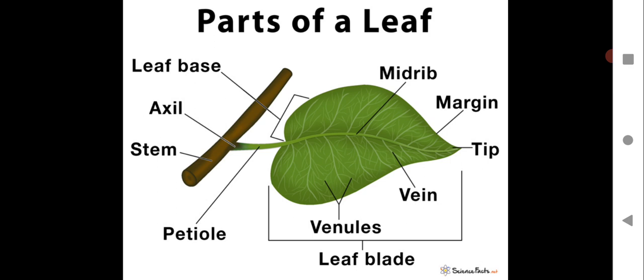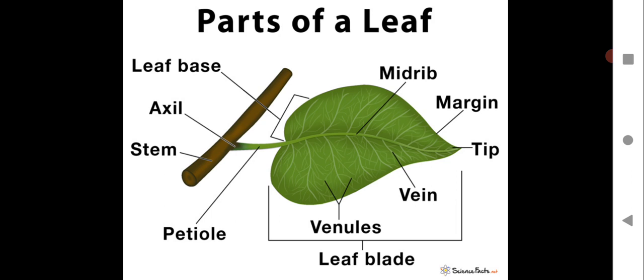The part of the leaf which covers the midrib, margin, tip, veins and venules is the leaf blade. And a petiole, you can see, is a stalk which helps to attach the leaf to the stem. And the axil is the point at which it shows the connection.